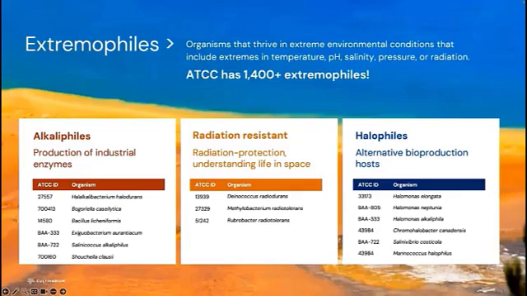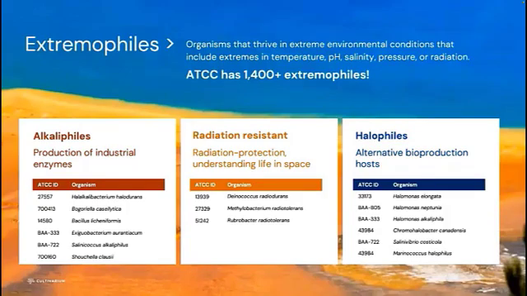From ATCC's catalog, we started working with a group of extremophiles: alkaliphiles, radiation-resistant, and halophiles, ranging in applications from alternative bioproduction host to production of industrial enzymes.